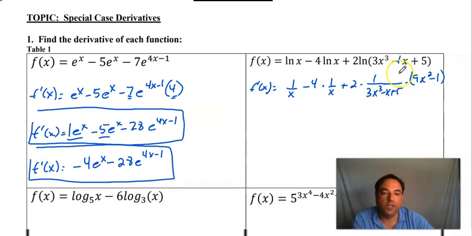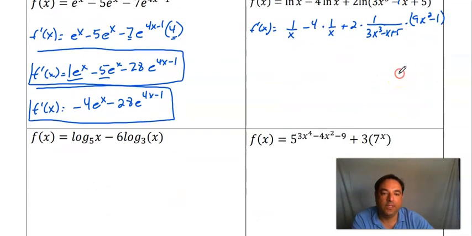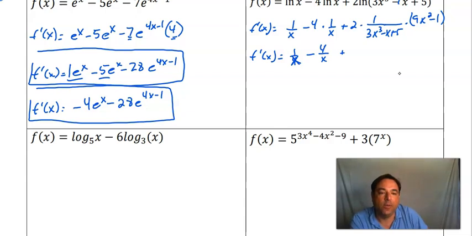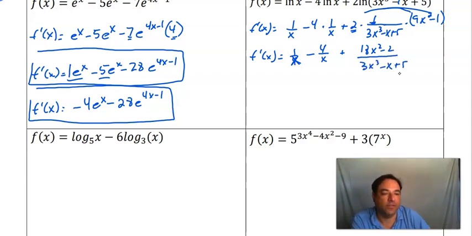So if I was going to work on cleaning this up, to simplify it a bit, we would have the derivative is 1 over x minus 4 over x plus. Now, we have 2 times 1, which is 2. Then we can distribute the 2 to the 9x squared minus 1. So that would be 18x squared minus 2 over 3x cubed minus x plus 5.